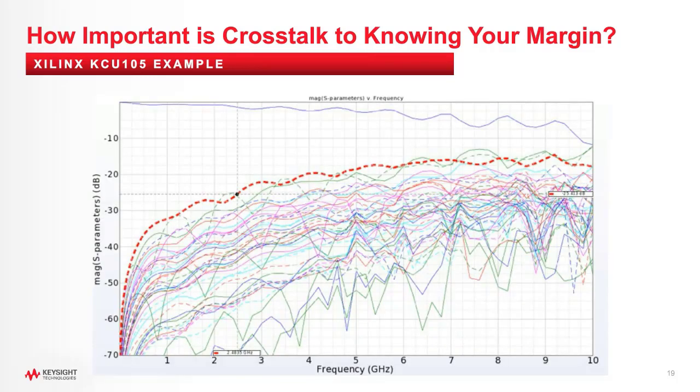Okay, so in this particular graph, this plot here, when you're taking a look at EM of the channel, this is taking a look at a subset of the S parameter matrix. And in this case, what I did is I plotted all of the near-end crosstalk.